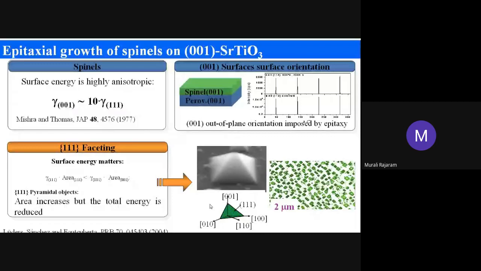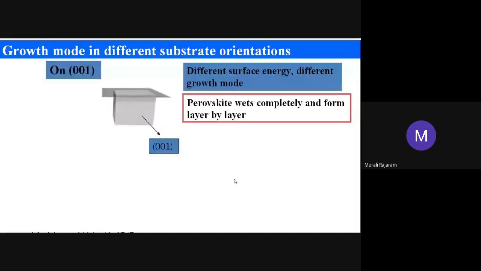So this is a single phase spinel material. It explains why the spinels are growing as pyramids. If you are on a 001 substrate, the surface energy is the main parameter which affects this. On a 001 substrate, as I said before, perovskite wets completely and grows layer by layer.